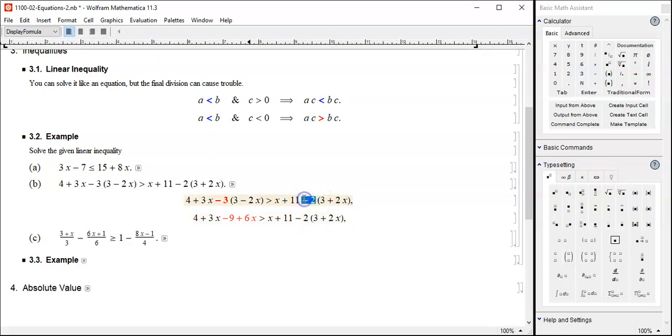Let's do it again here. Distribute -2, so that's going to give me -6, and then distribute -2 again, -4x. Pay attention to the blue part. This turning into that. Is everybody comfortable?